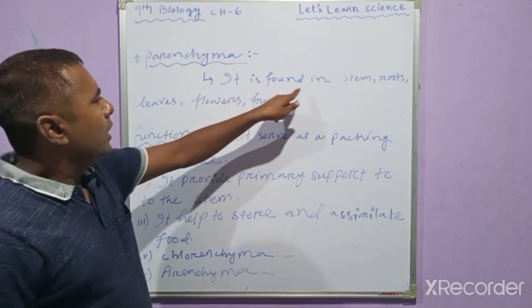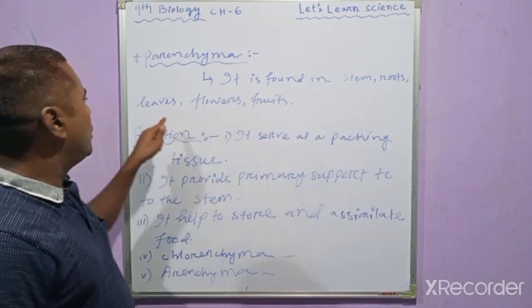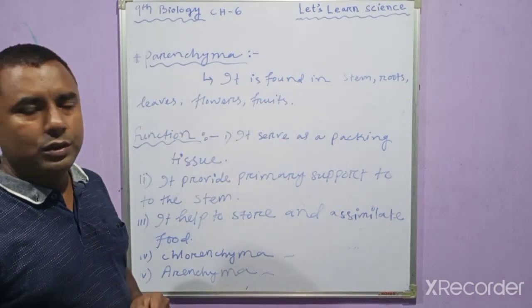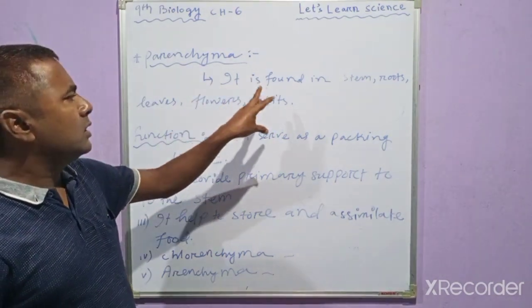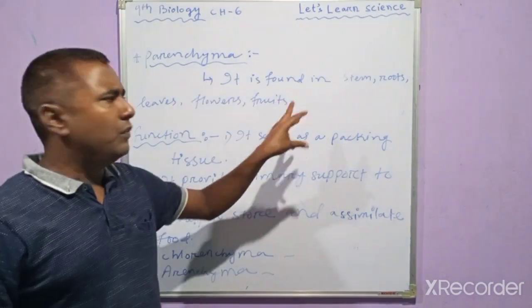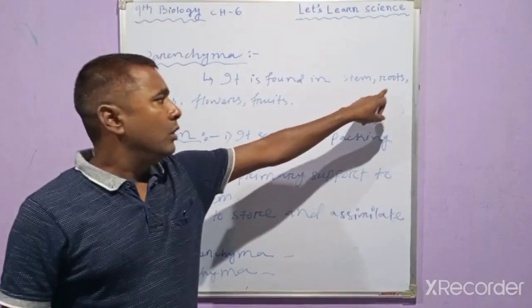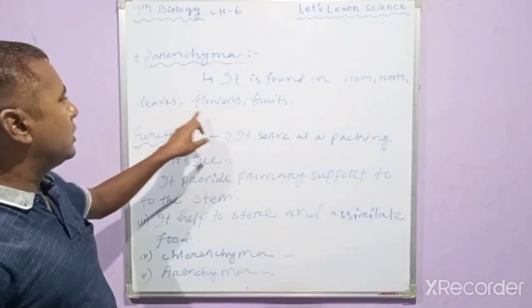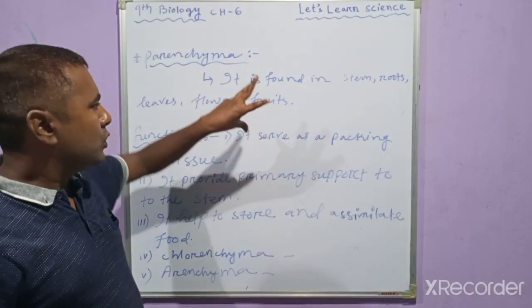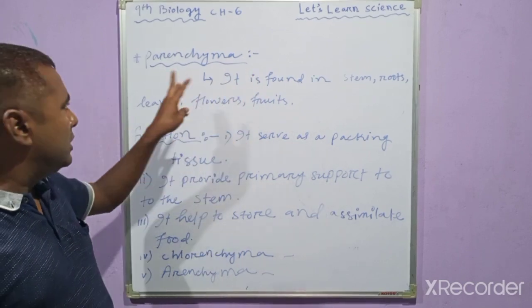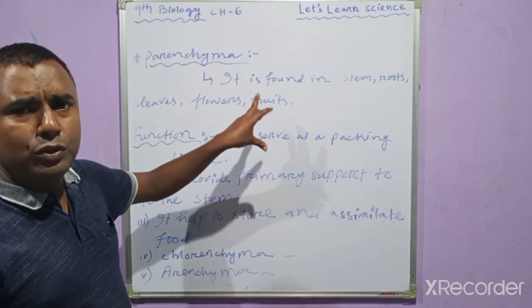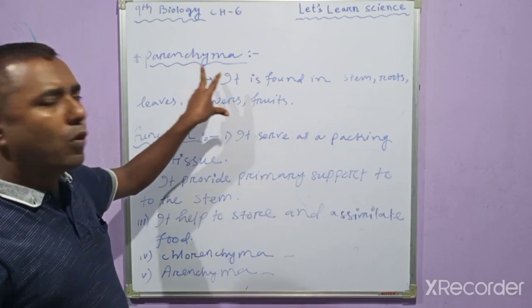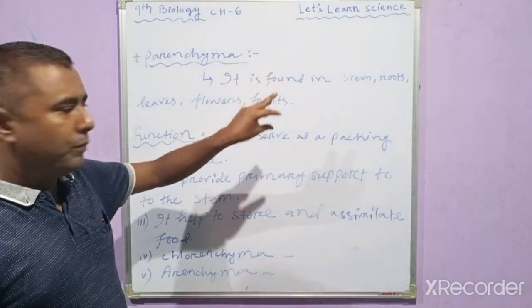It is found in stem, roots, leaves, flowers, and fruits. So in all these organs of a plant, generally the parenchyma tissue is formed.